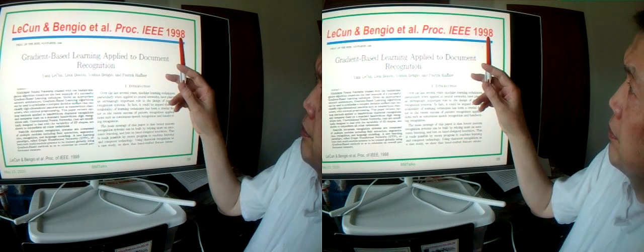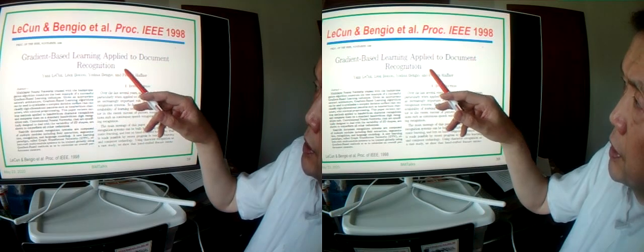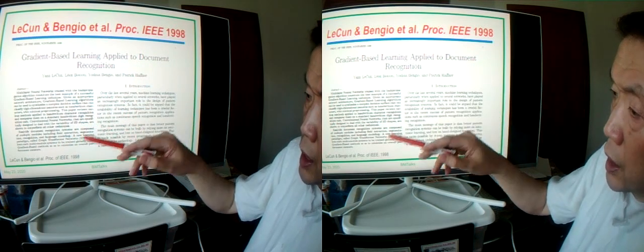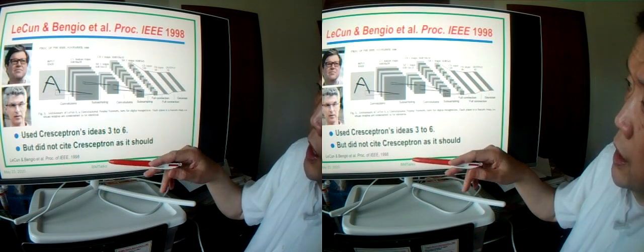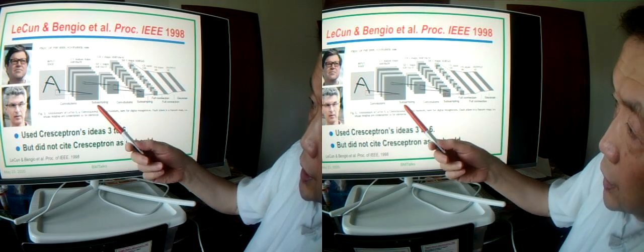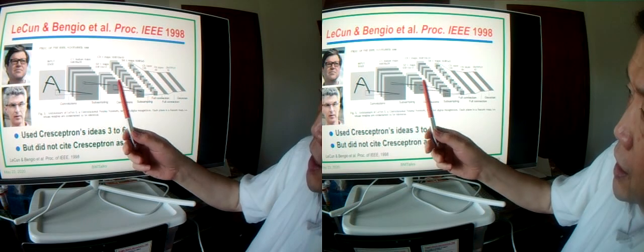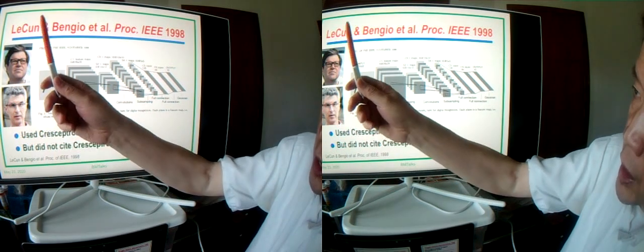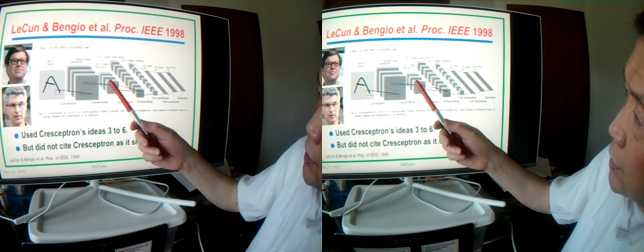That's 9 years after, they published a paper about 2D work, document recognition, in the Proceedings of the IEEE. And look what they did. Hey, you're subsampling, see that? And still have hierarchical subsampling. So Yoshua Bengio and Yann LeCun used the idea of subsampling there.